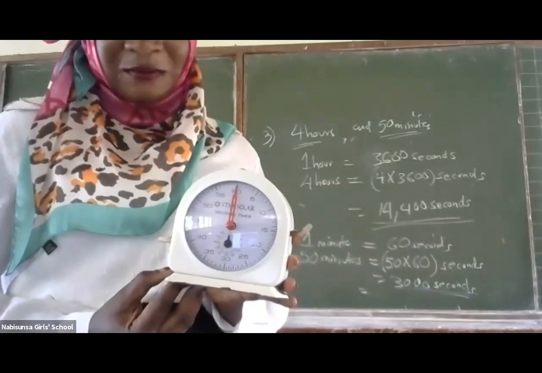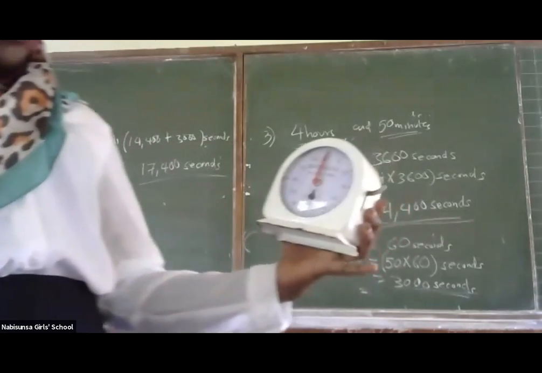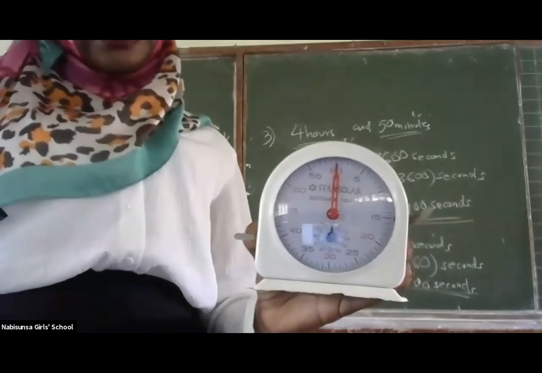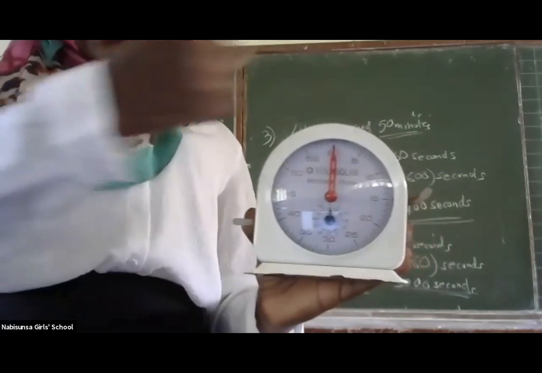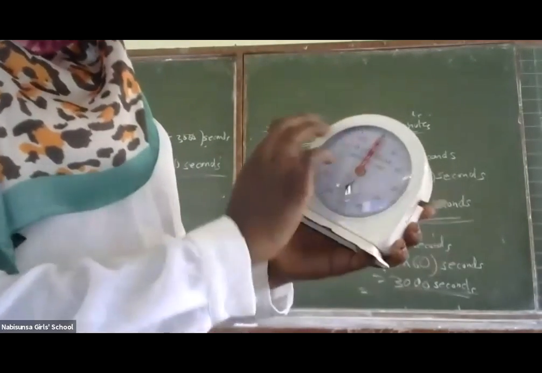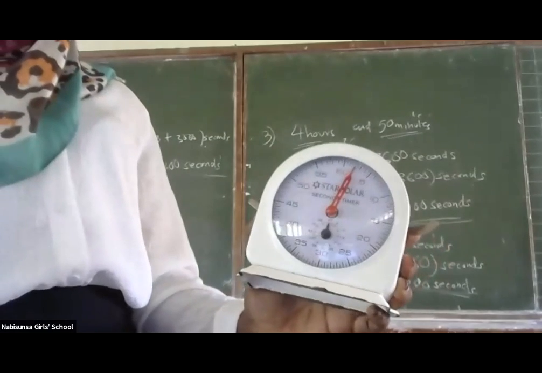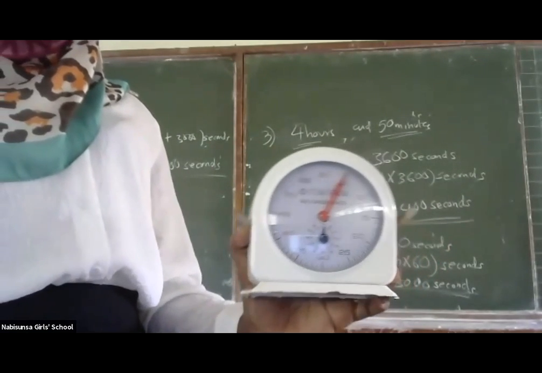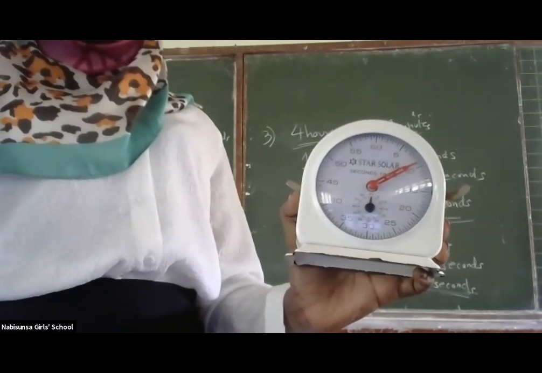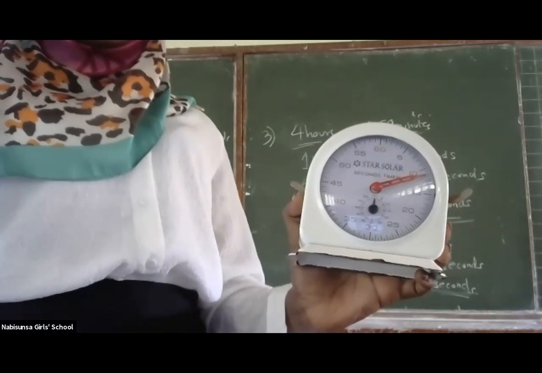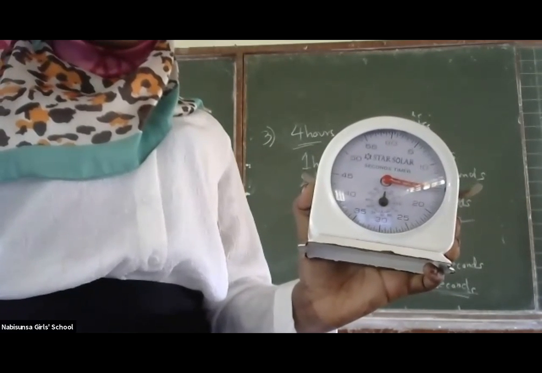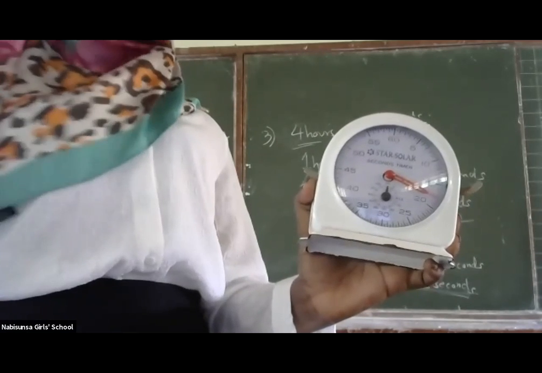Is that okay? So now, if you look at this stop clock, are you looking at it properly? It has 60, then as it moves like this, which direction is it moving in? For those who can see it, which direction is it moving in? Clockwise direction. It moves in a clockwise direction.